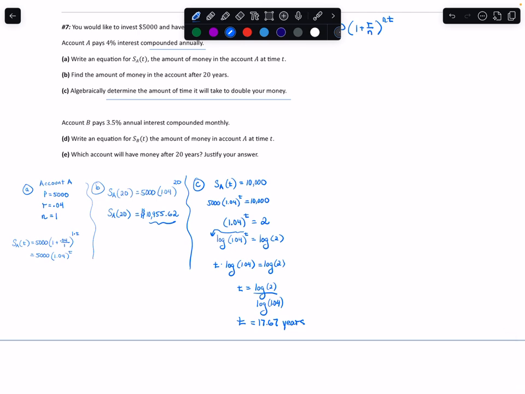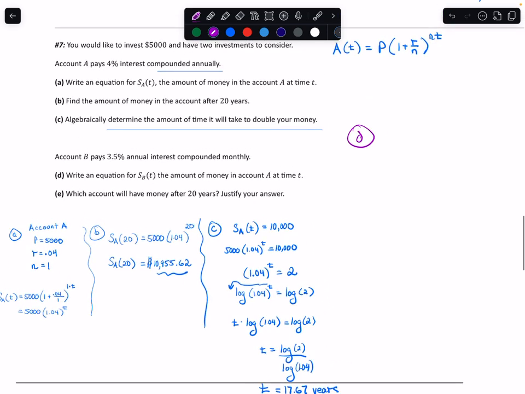Okay, and like most investments people make in life, they usually are playing out a few different options of what they might want to invest in depending on the things that exist out there for them to put their money in. Now, it's interesting to think about this. So account A is paying 4%, but it's only compounding annually.